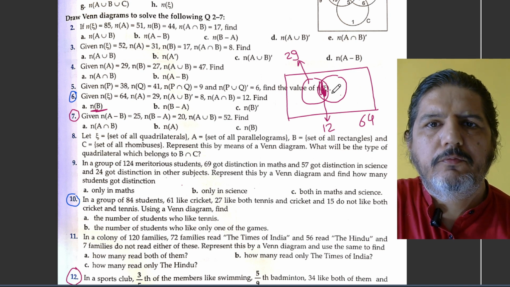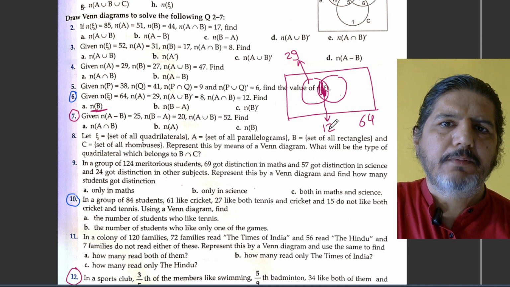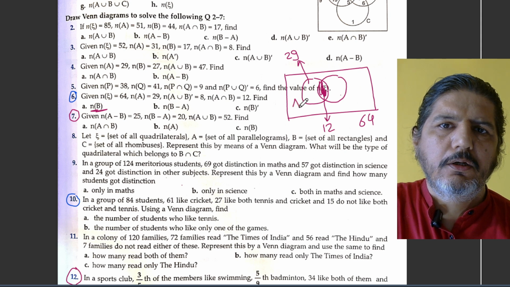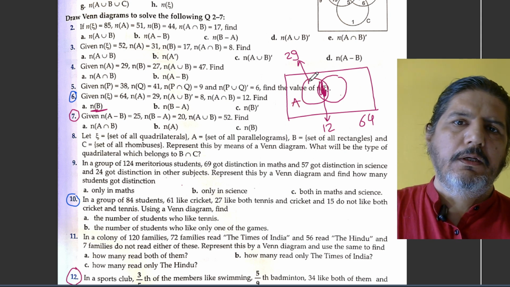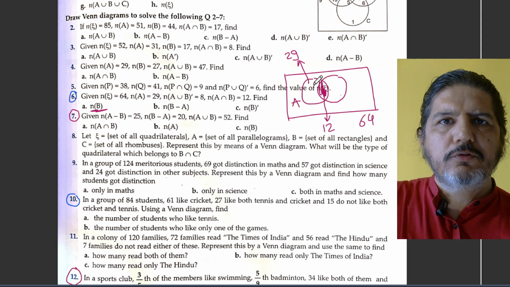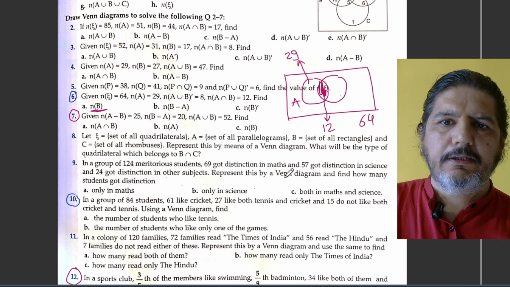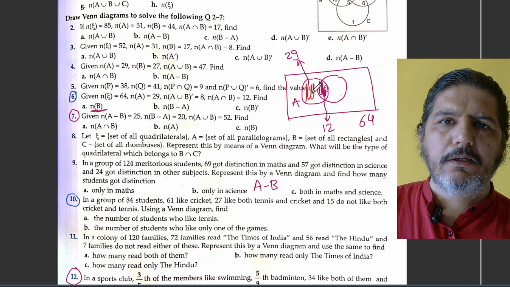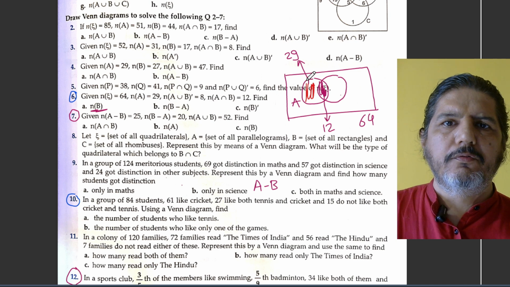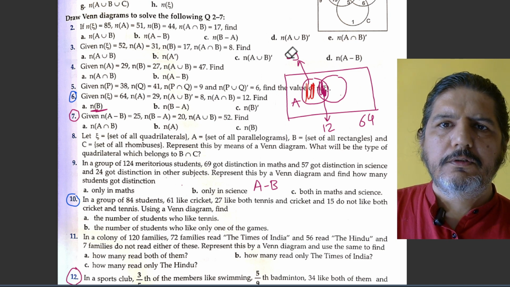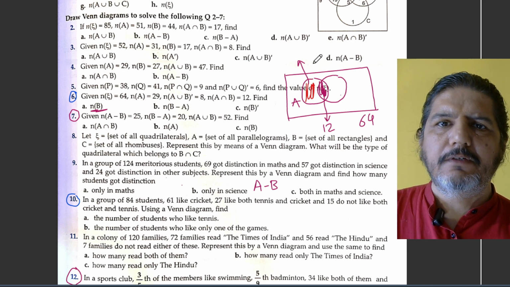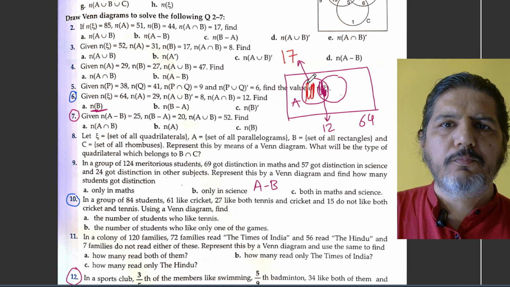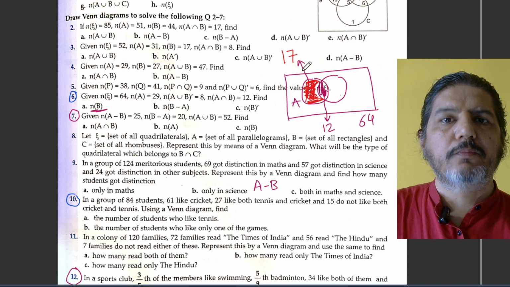Now, if this intersection part is 12 and the whole of A is 29, then the part which is exclusively in A, which can also be written as A minus B, would be 29 minus 12, which is 17. So this part would be 17.